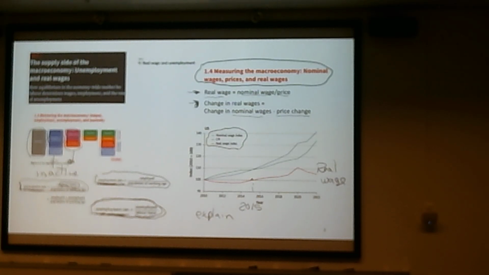And after 2015, the real wage goes up, a bit up and then down and so on, but it goes up. Then you know that the nominal wage, the blue one, must be higher than the price change, the green one.